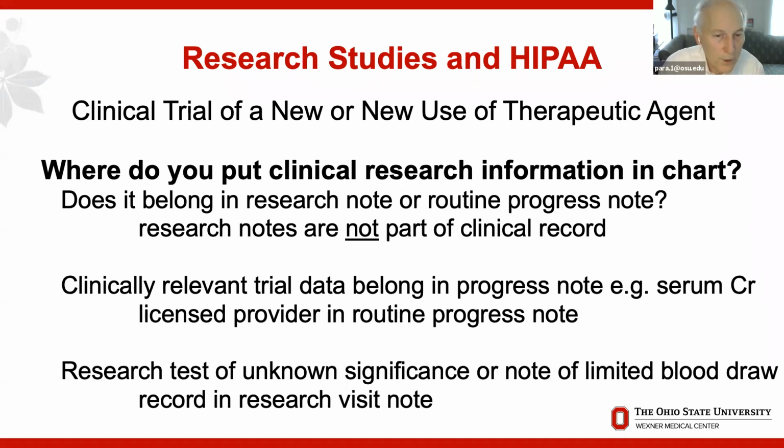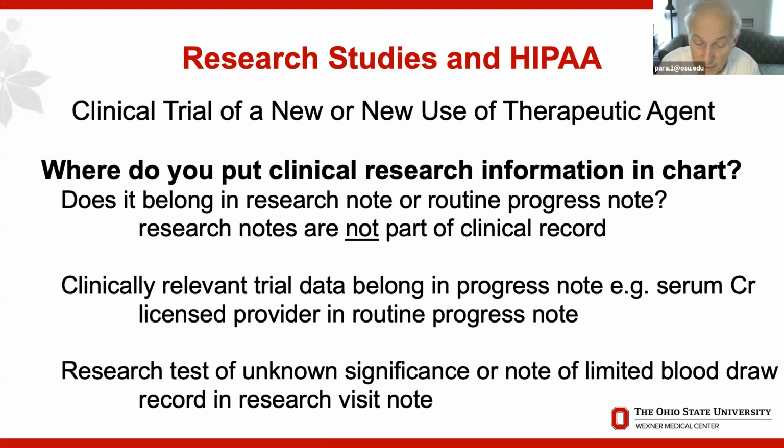So what do you put in a research note? What do you put in a clinical record? If you're doing a clinical trial and the information you get, like a CBC or a creatinine, is part of the research study but is also critical for care, then it should be in the routine note.